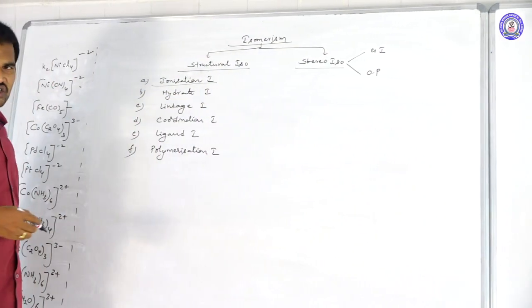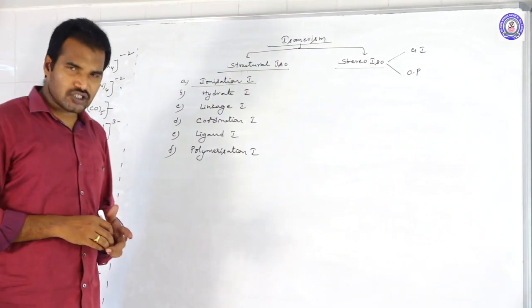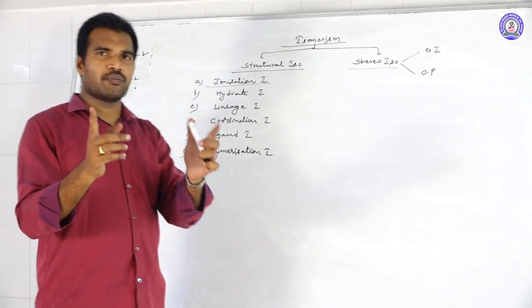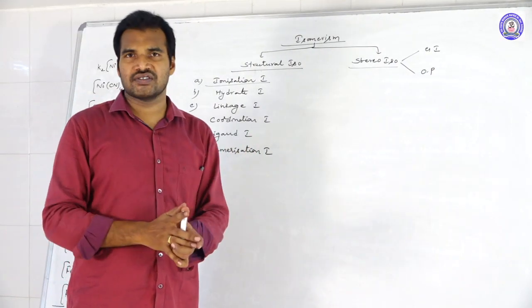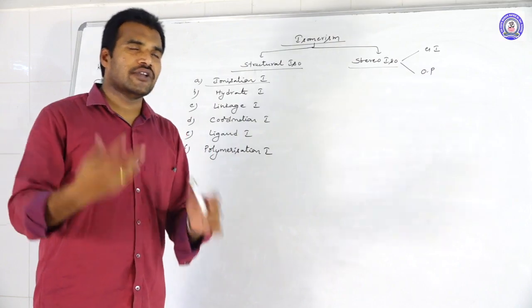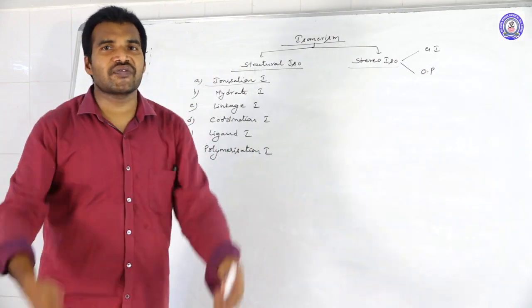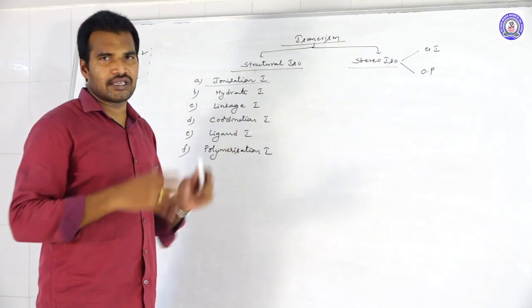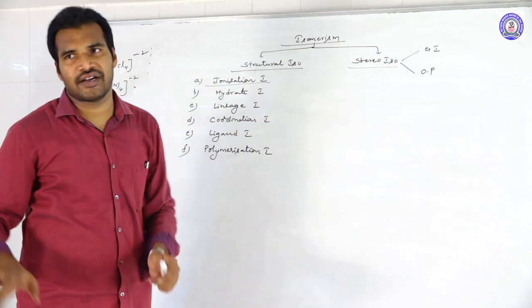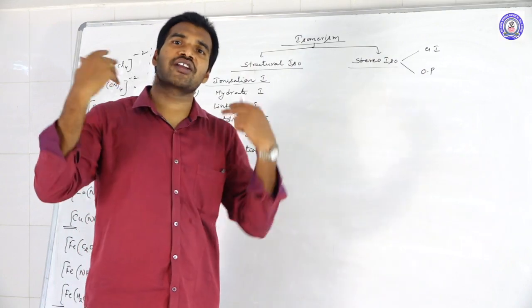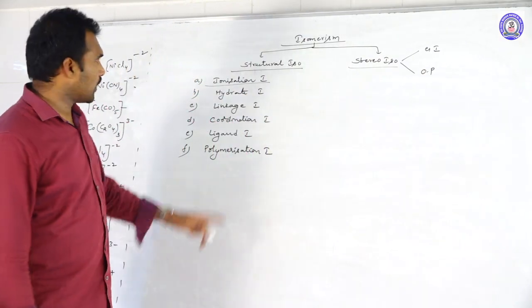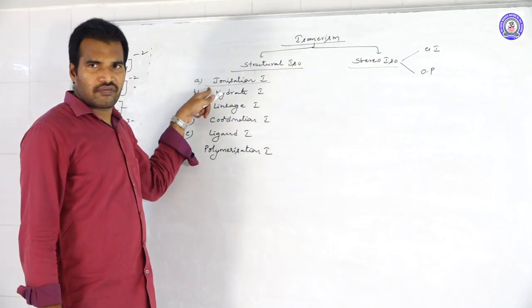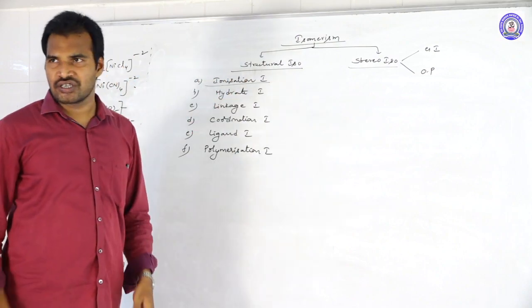The first one is ionization isomerism. Ionization isomerism is nothing but a pair of complexes which differ in the ions that they furnish. One complex will release different ions, another complex will release different ions, but the total molecular formula remains the same. That pair of isomers we call ionization isomers.